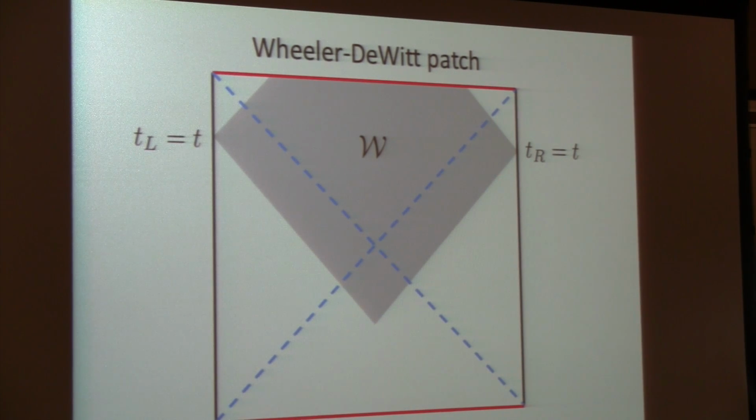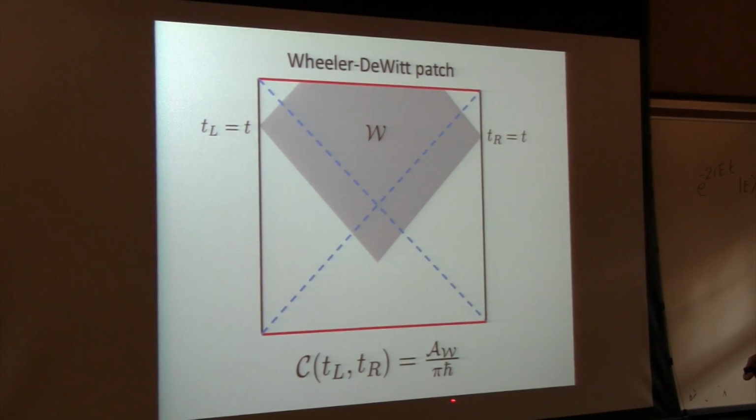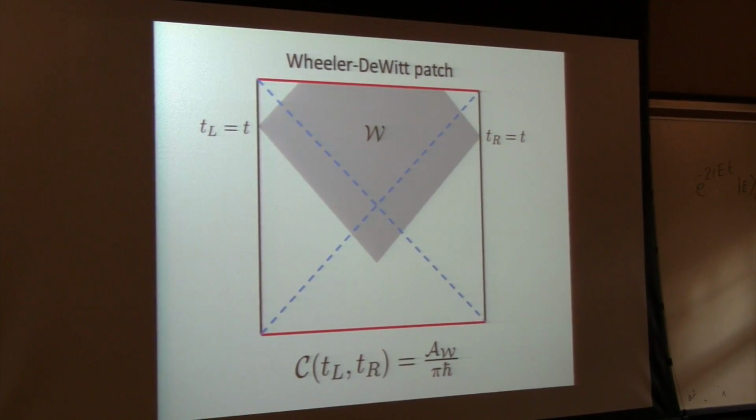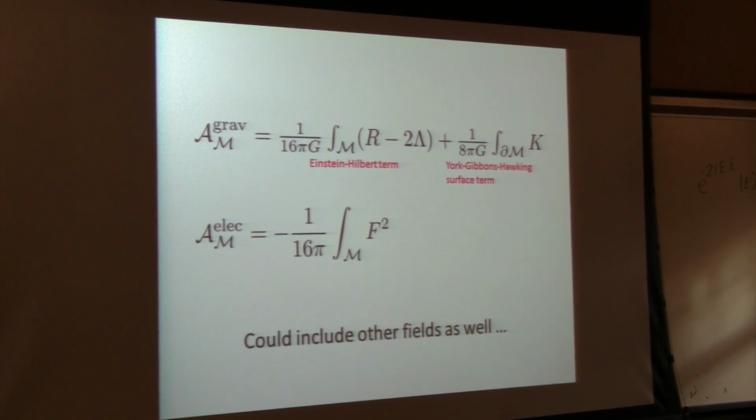And our proposal is that the complexity of the boundary state, which I haven't defined precisely yet, but I'll talk about in a second, is just equal to the action of this region in space-time in units of pi h bar. Okay, that's what this formula says. So that's our proposal. And by the action, what I really mean is just the usual thing that we all talk about.